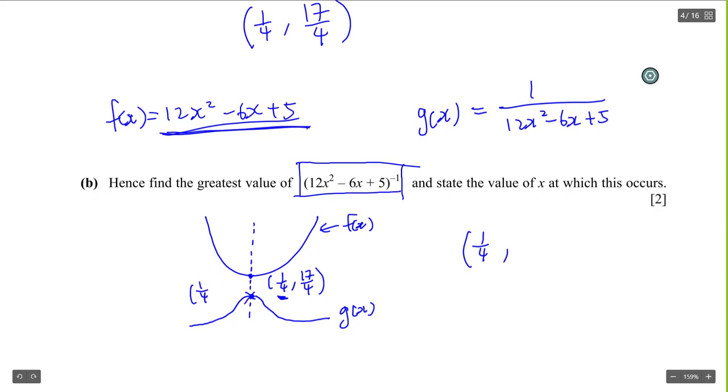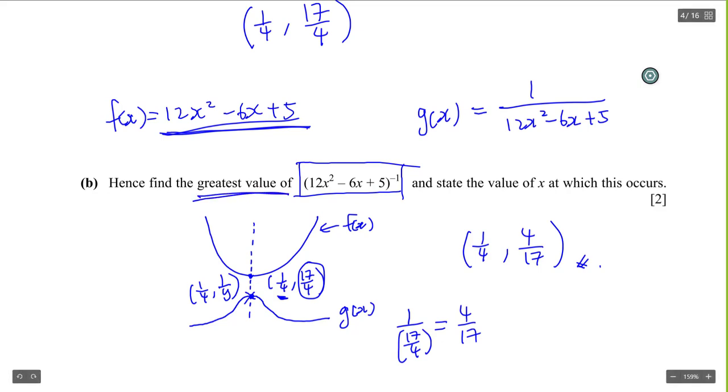The x value is 1 over 4. The y value basically will be 1 over the y value here. So imagine 1 over 17 over 4. You actually get 4 over 17, right? Yeah, you will get 4 over 17. So what is the greatest value? When they say value, they ask about y, right? So the greatest value will be 4 over 17. And then state the value of x when this occurs, which is 1 over 4.